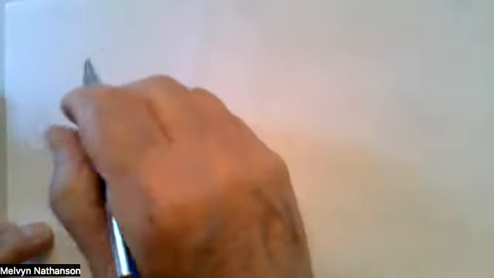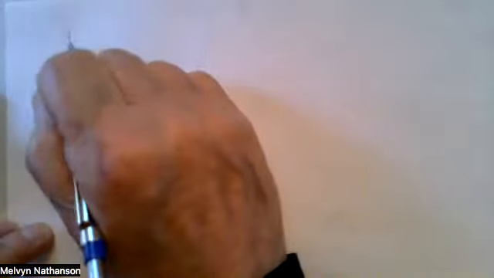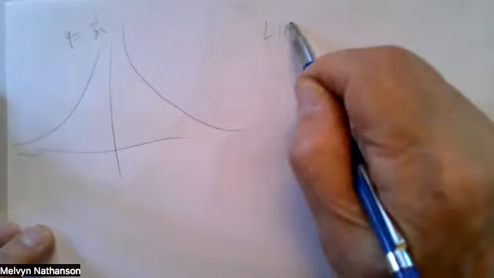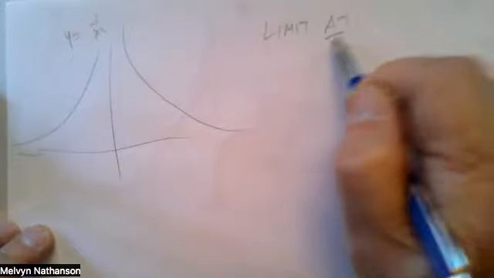So these are examples of when x approaches some fixed number, the limit is plus or minus infinity. But if we go back and we look at our same function, y equals 1 over x squared, there's also the notion of the limit at infinity.